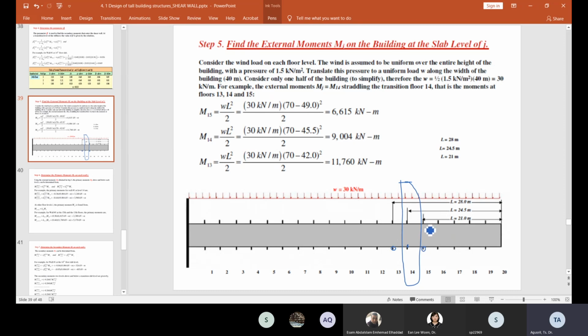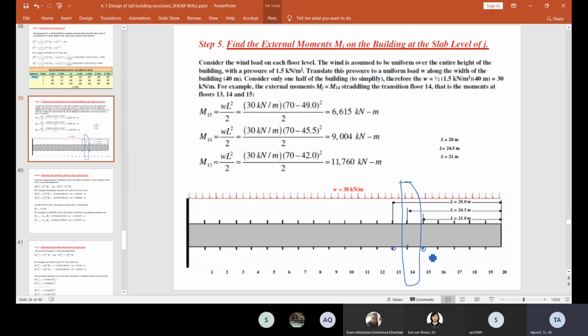So as the location of the floor, for example floor 15, here we have 21 meter. Then from the rooftop to floor 14 is 24.5, and from the rooftop to level 13 is 28 meter.